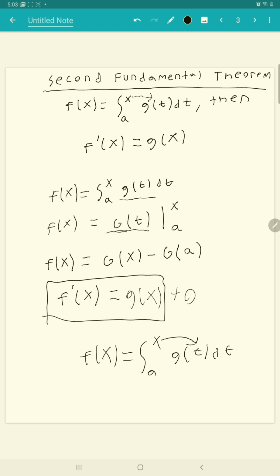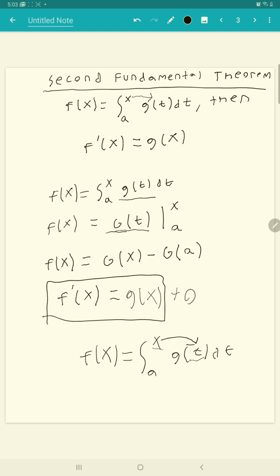The reason we are using this t, it's a dummy variable, and it's good that we use t rather than x because x is representing the end of the interval over which we are finding the area. So it doesn't really make sense for us to use x to represent an arbitrary point inside the interval. So that is why we use t here, but we end up plugging x in when we take the derivative.